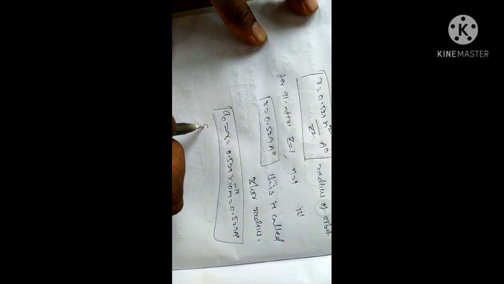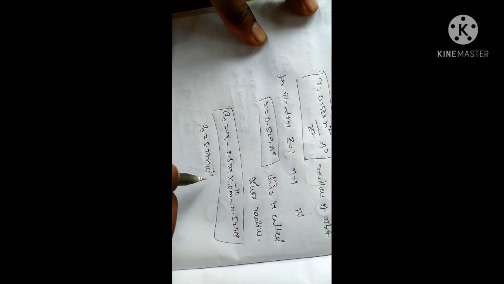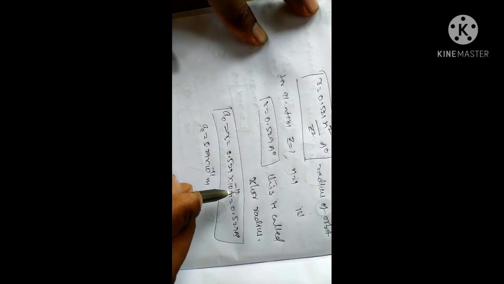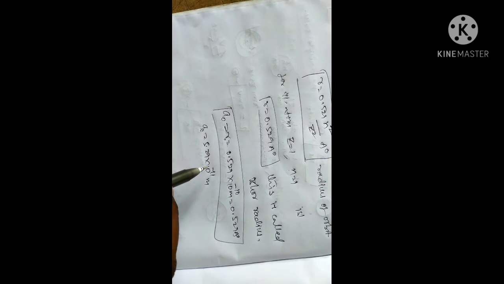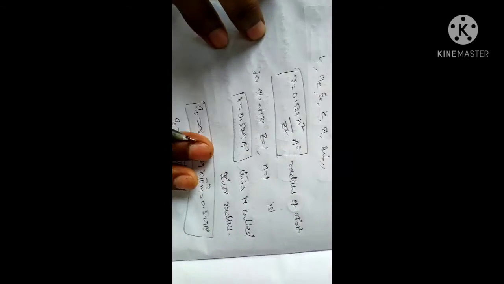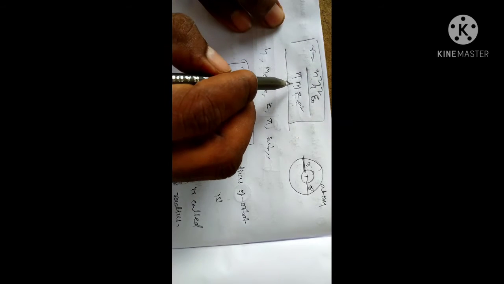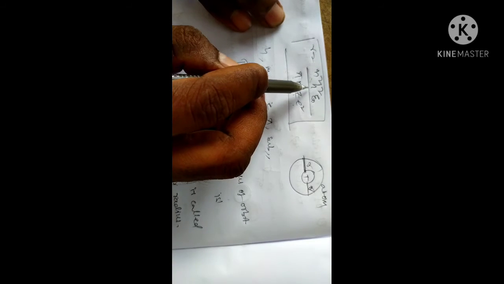It can be written as a naught is equal to 5.29 into 10 to the power of minus 11 meters. It is the radius of the Bohr orbit. According to the formula, r is equal to n square by z square times the constant values of pi, m, and so on.